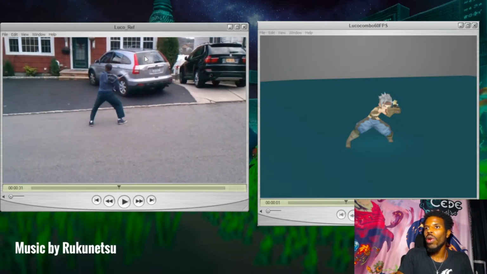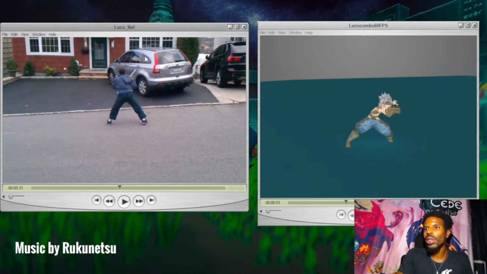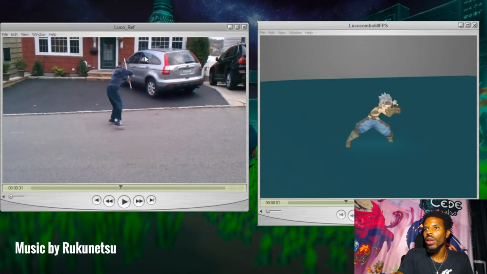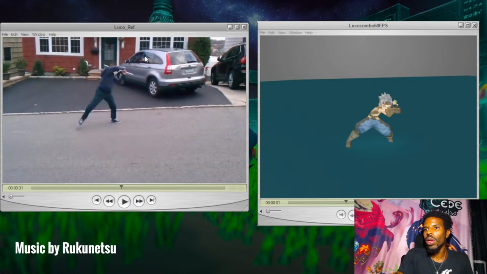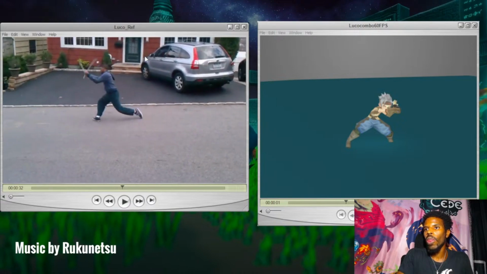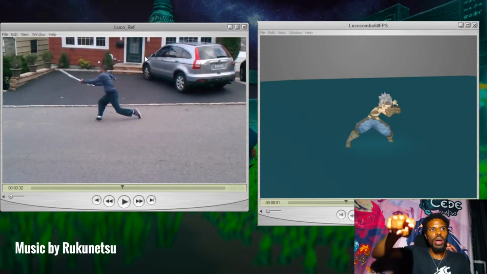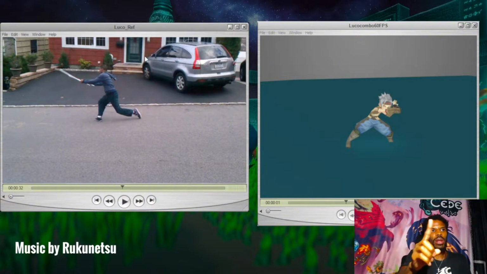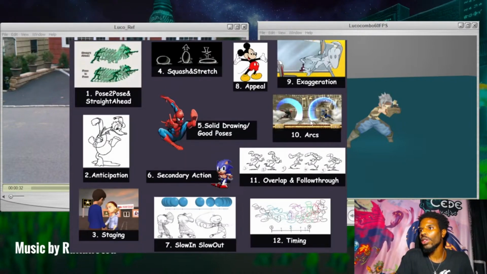You can also look for arcs on the legs, on the feet, any arcs that the foot is creating. So on the sword, that's what you're looking for here. So that's why I have arcs here from Smash Brothers on the sword swings.